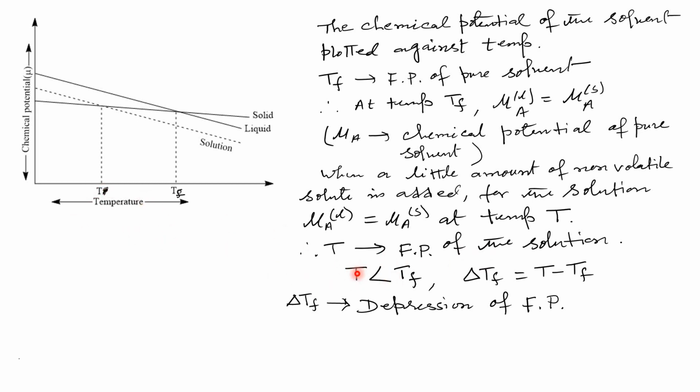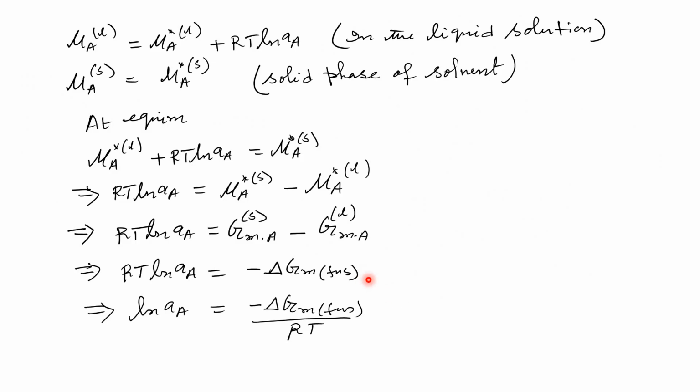That means the freezing point of the solution, or the freezing point of the solvent after addition of a little amount of non-volatile solute, is less than the freezing point of the pure solvent, or pure liquid. And delta TF, as I already told you, is the difference in the freezing point. So delta TF is known as the depression of freezing point.